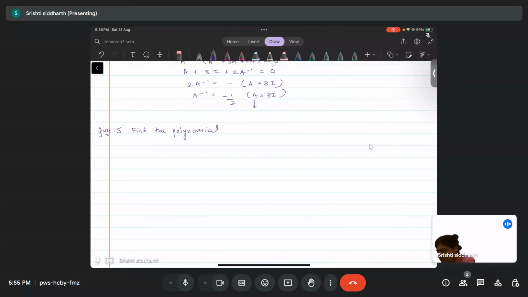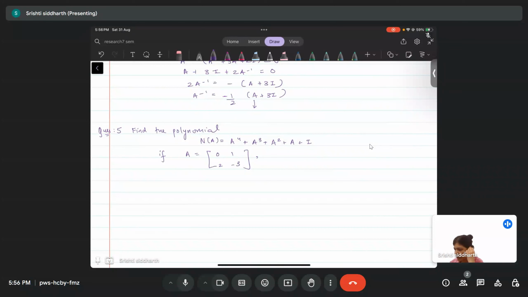So you have to find this polynomial. This is A to the power 4 plus A cube plus A square plus A plus identity, if the matrix A is given as 0, 1, minus 2, minus 3.